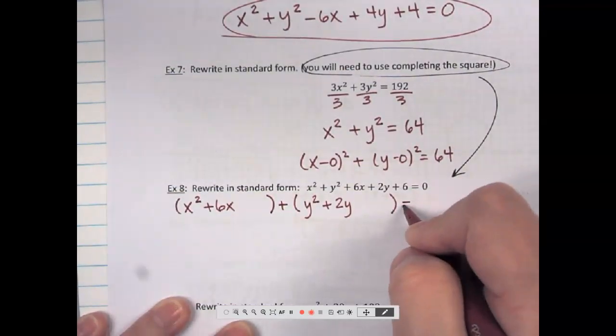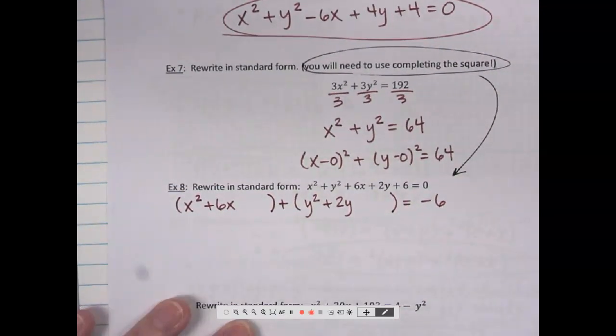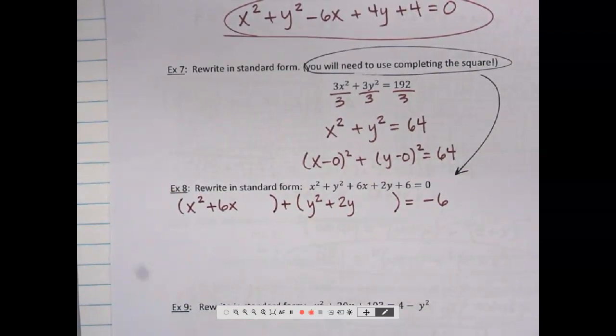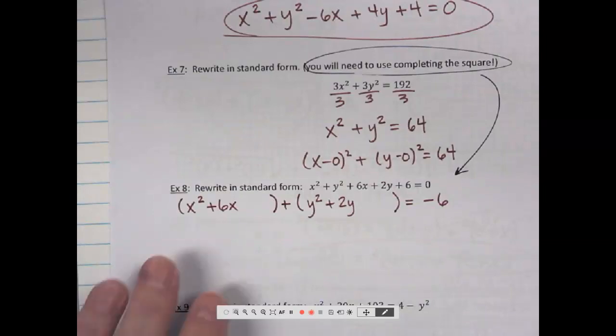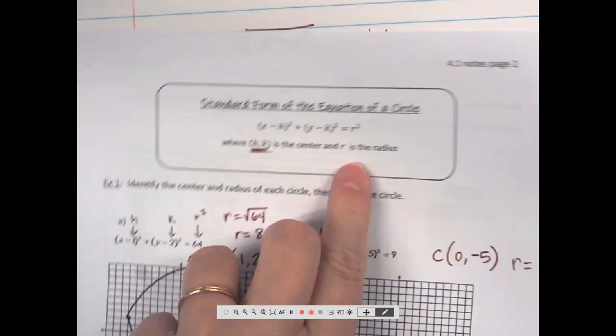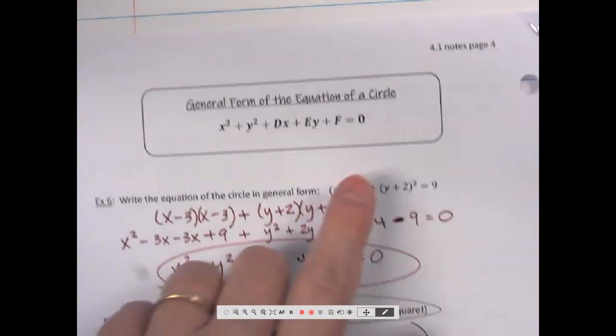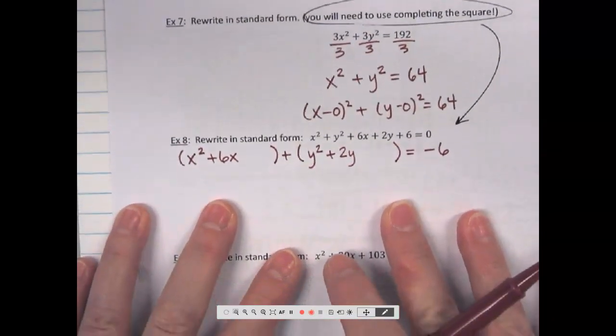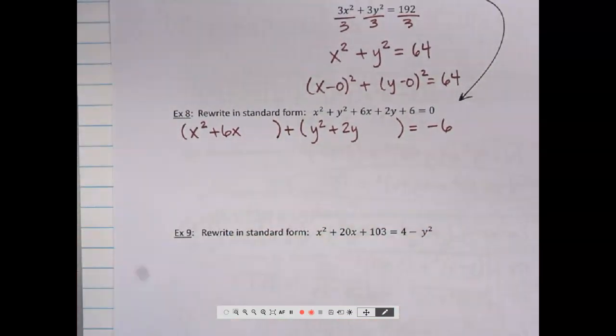And I'm going to move that negative 6 over to the right. Okay, so I rearranged and I moved the constant over to the right. Because remember, in standard form, we want it equal to r squared. We do not want it equal to 0. All right, is everybody okay with that first step? All right, here's the funky part.